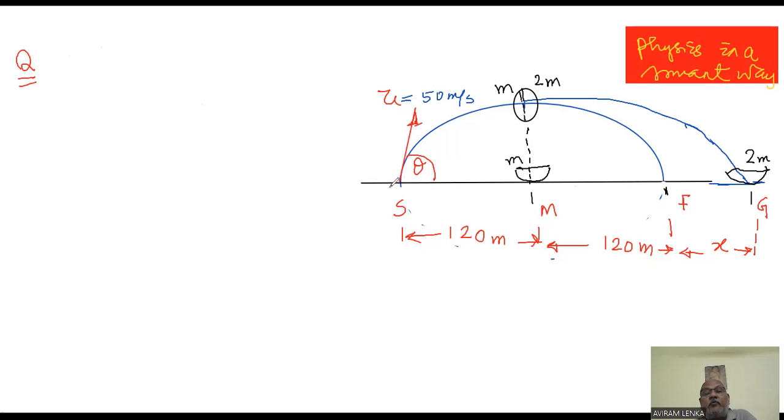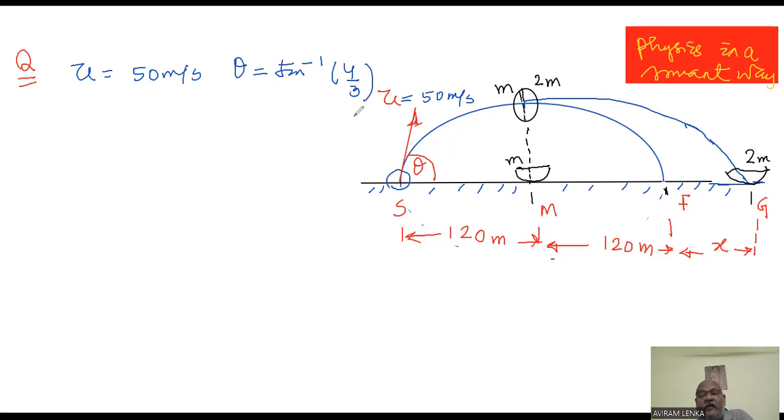A stone is thrown from the ground level with an initial velocity of 50 meters per second and an angle of elevation, making an angle with the horizontal, that is tan inverse of 4 by 3. That seems to be slightly bit odd to you, but that's a very comfortable angle.